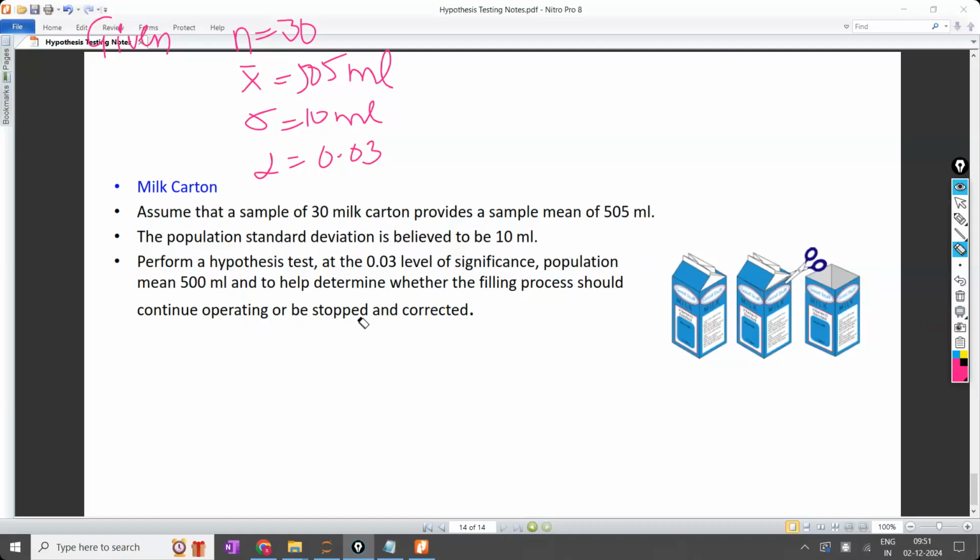Continue means it will be continued. For example, if the company is cheating, giving a sticker of 500 ml but internally giving only 450 ml of milk, then the inspector is going to stop them. They are not going to say, hey, you are making a mistake, correct your machine and do it properly. So it will be done by the company people.